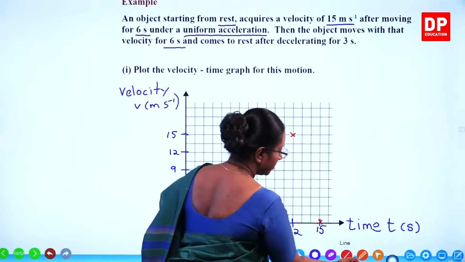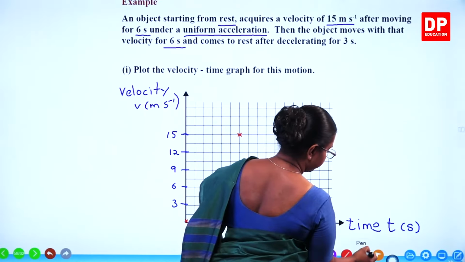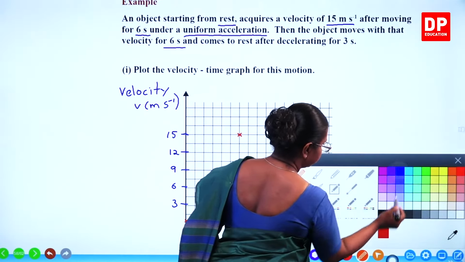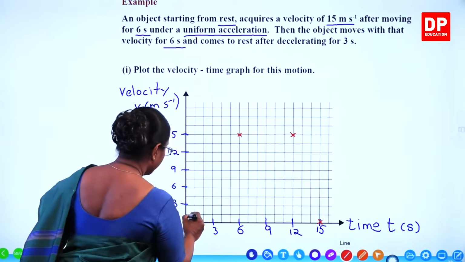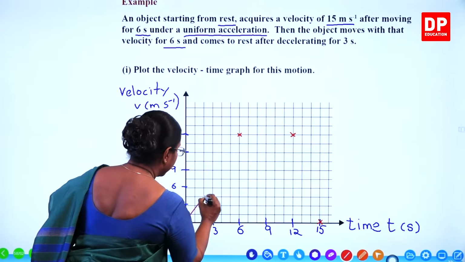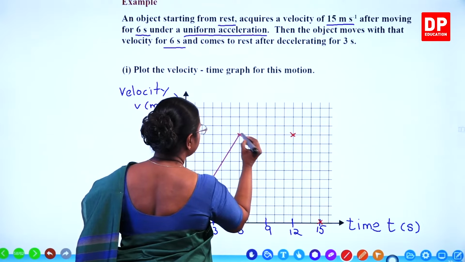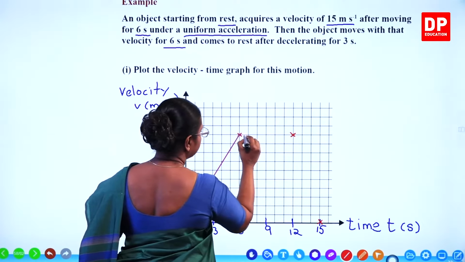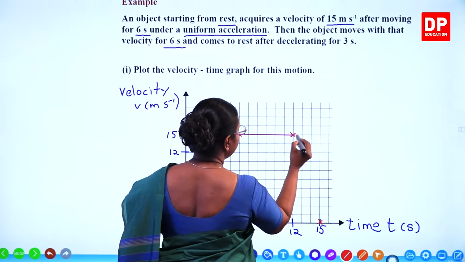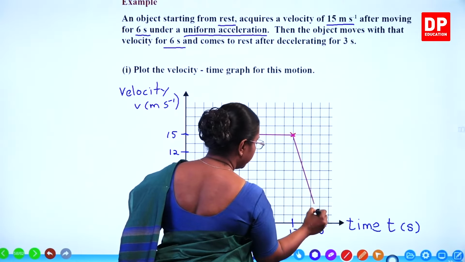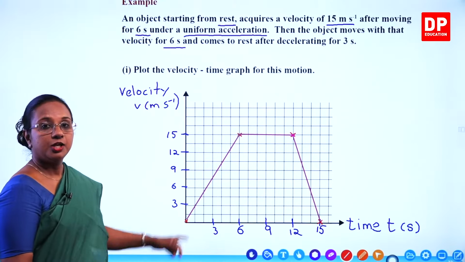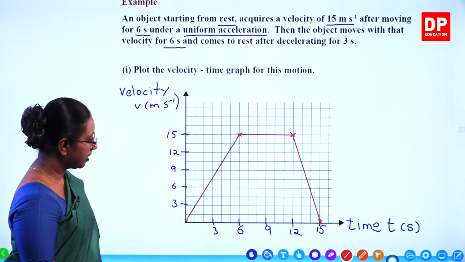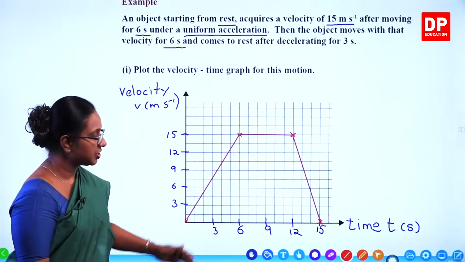If we connect all these values, you will get the velocity time graph, which will give you a different shape. Y'all are familiar with this shape.